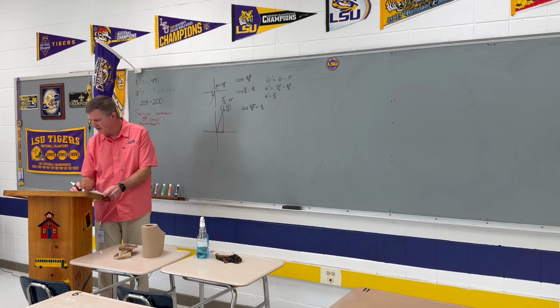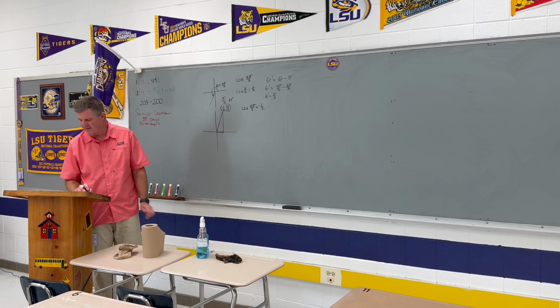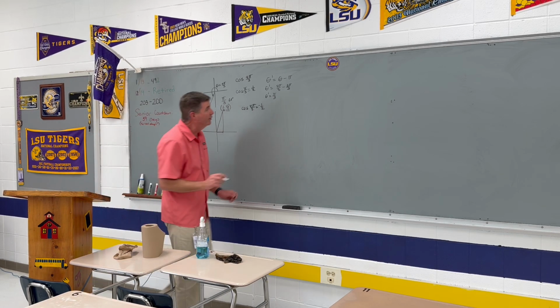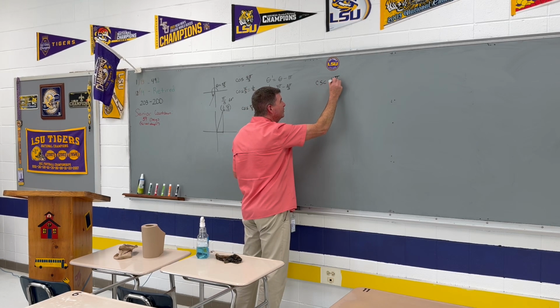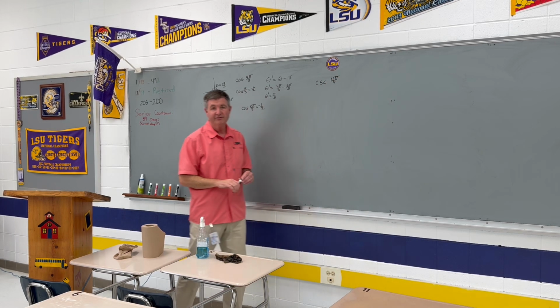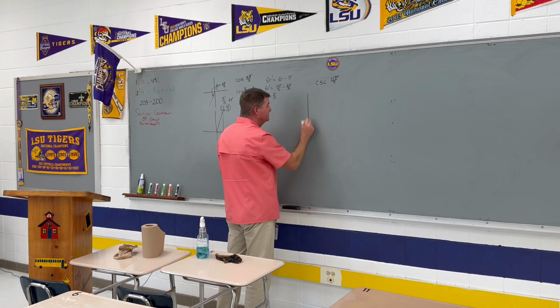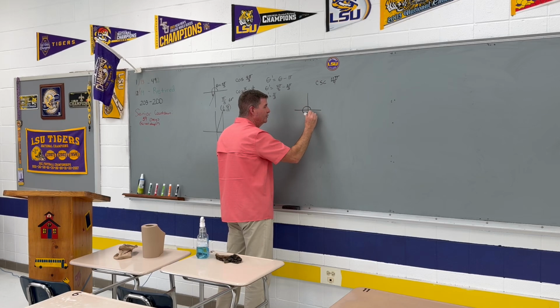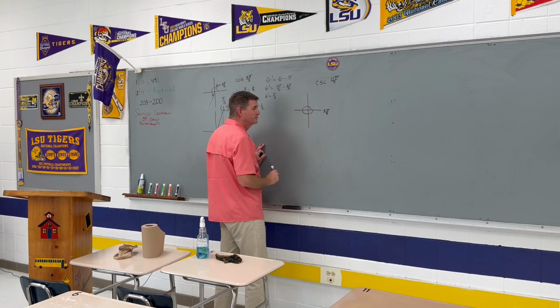Suppose we're trying to find the cosecant of 11 pi over 4. Well, we have to find where it's at, and we also have to find the reference angle. 11 pi over 4, well, this would be 8 pi over 4, because that's 2 pi.